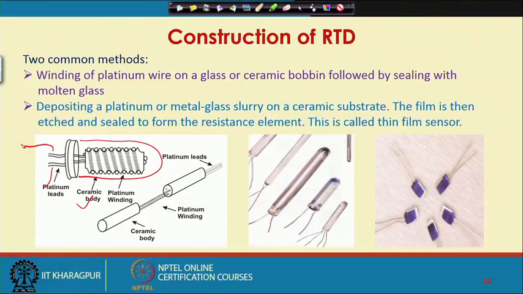So, two extension leads will come out for 2-wire connections. You will see 3 extension leads coming out for 3-wire connections. So, the platinum winding is enclosed in a ceramic body.